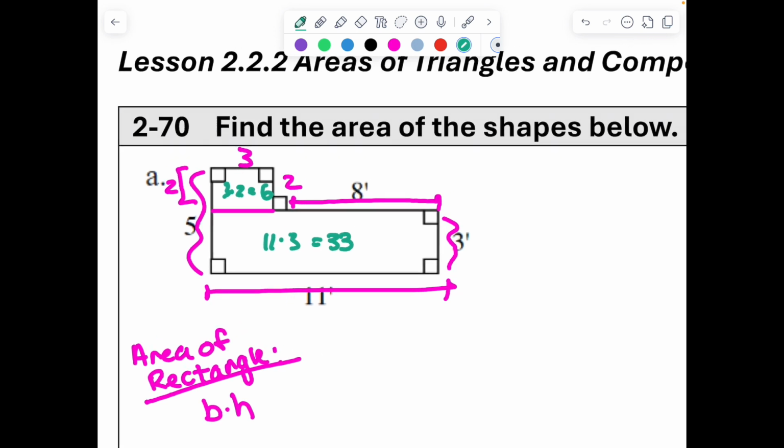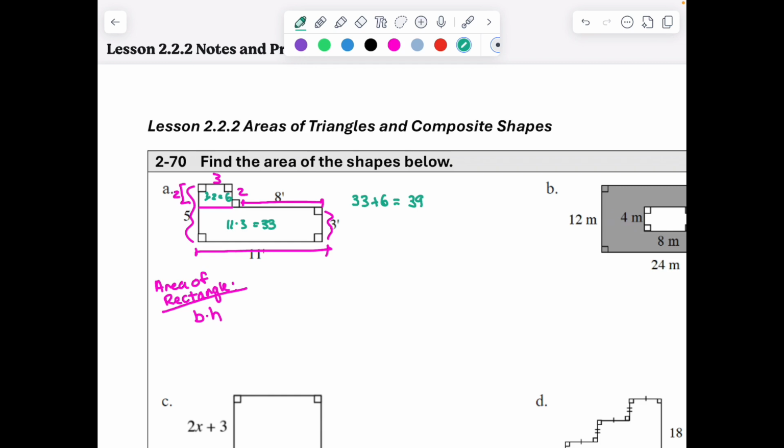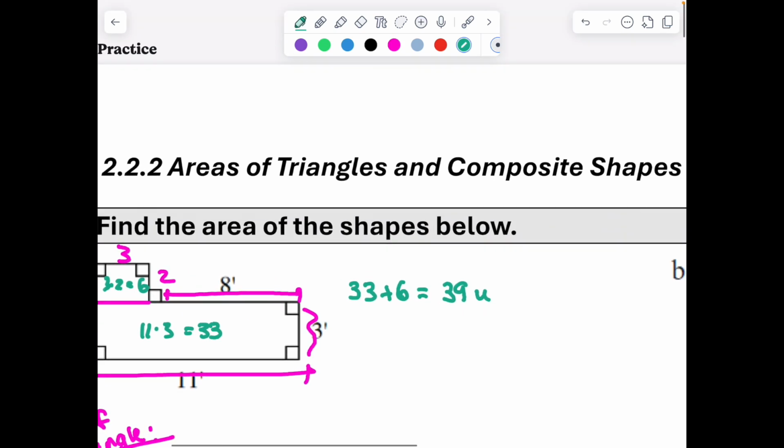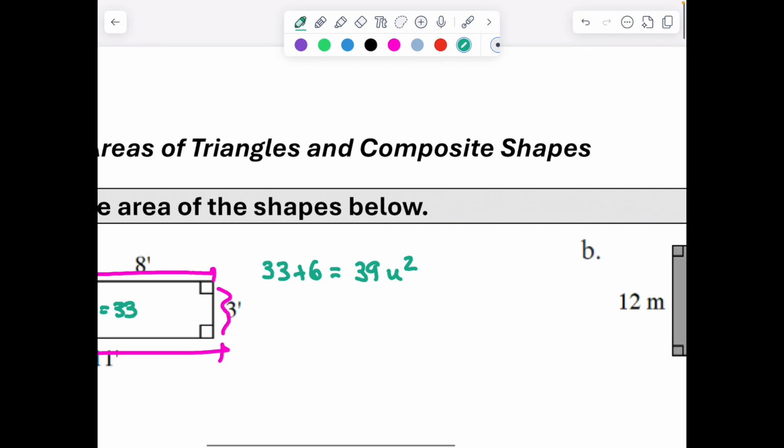So the area of the small one is 6, the area of the large one is 33. So 33 plus 6 is 39. Okay, and we don't have any sort of units here, so we're just going to say units. And because this is area, because we multiplied two things together, this is units squared.